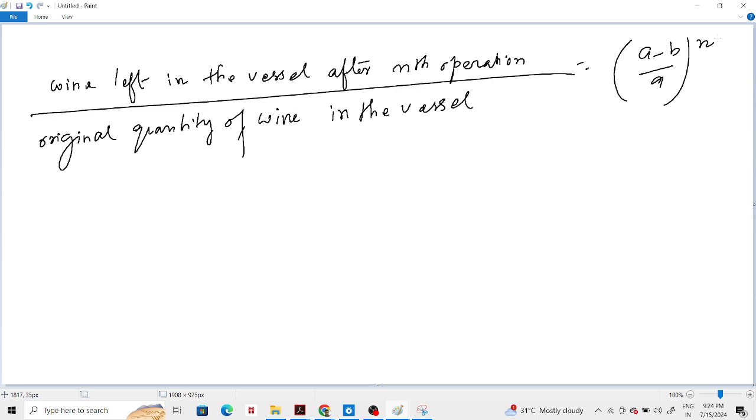Okay, yeah, I'm sending this sum. Please do this. Illustration 3.